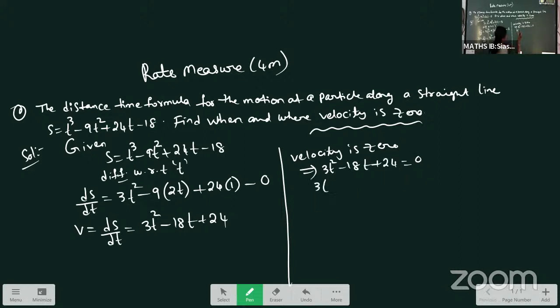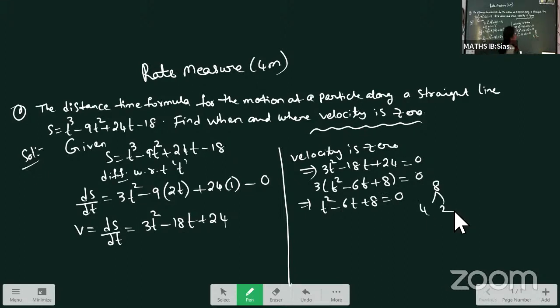Take 3 common, t square minus 6t plus 8 is equals to 0, 3 goes the other side. It is a quadratic equation. So 8 factors are 4 and 2, this is minus 4, this is minus 2.